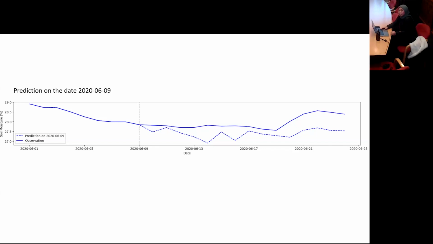So that means it could be something promising in the future if we can refine this model and then use it to forecast the soil moisture for the next 2 weeks. If we have information like the soil moisture level 2 weeks in advance, we can do applications that can prevent drought or flooding, something like that.